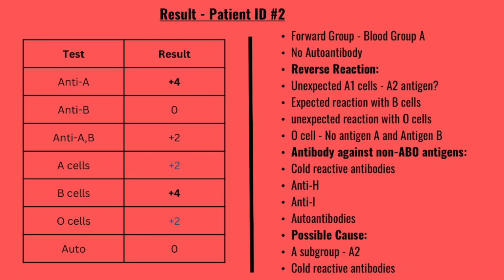Even though personally, if I'm to make my final answer, I don't think that this person is A2. I think there are cold reactive antibodies against non-ABO antigens that are reacting. So this person is blood group A, and perhaps there are antibodies interfering, and that's why you are getting that weak reaction. I hope that makes sense.